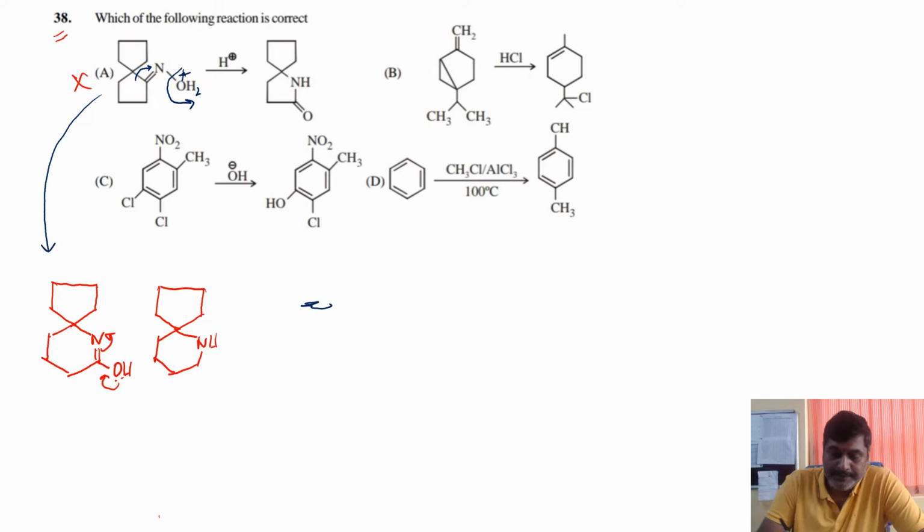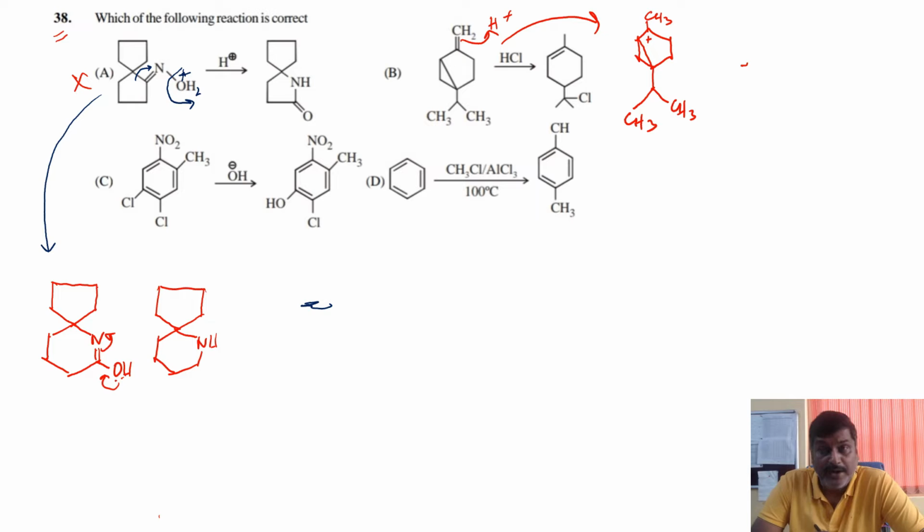In option B, HCl is added, and so the H plus is added to this one. This will take the H plus here, and after that this molecule is now like CH3, and there is a positive charge, and here is this bond. So what next?